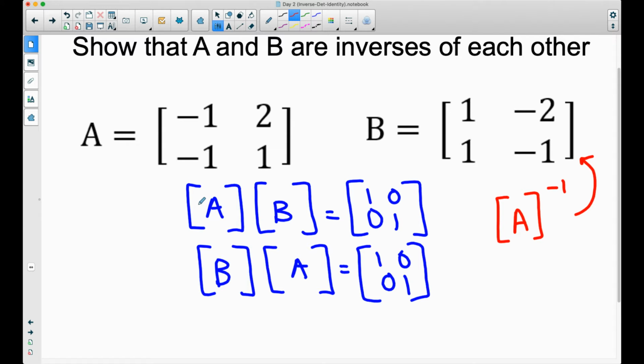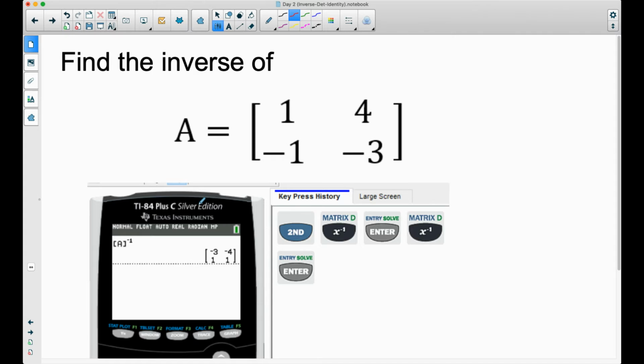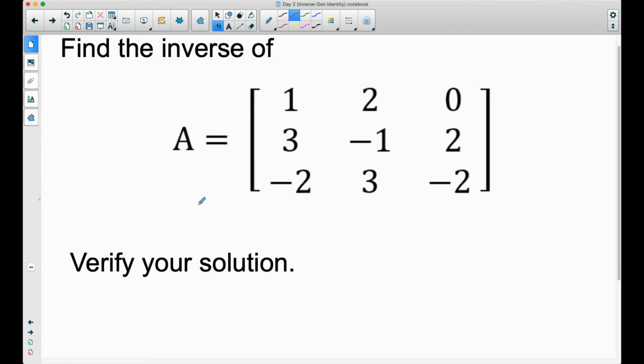It's the same button we've been pressing, just not the second. We talked about that. All right, go ahead and try this one.